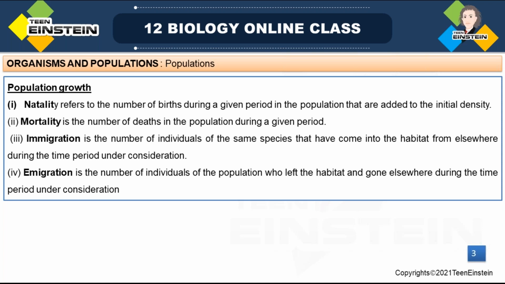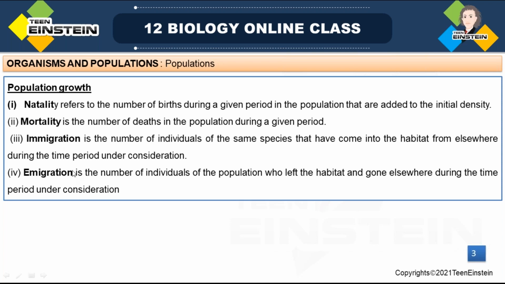Based on these 4 basic processes, the population density of a given habitat at a particular time may fluctuate. So which are the important 4 processes? That is natality, then immigration, mortality and emigration. Okay, natality, immigration, mortality and emigration.